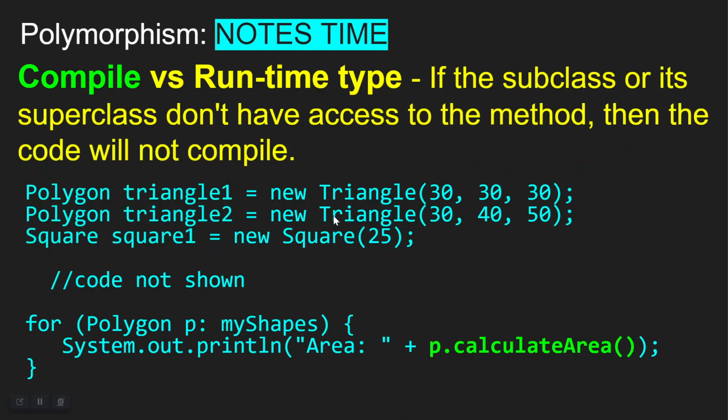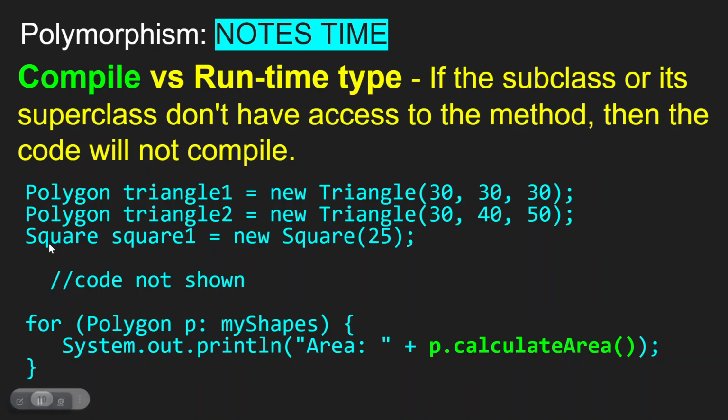And if the subclass or its superclass don't have access to the method, then the code's not going to compile. So if there's no calculate area in the polygon class, that code's not going to compile.